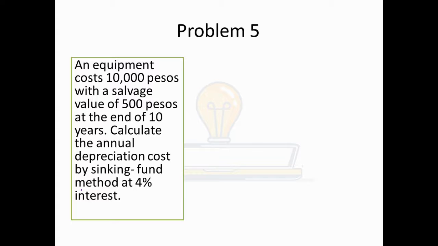Calculate the annual depreciation cost by sinking fund method at 4% interest. And so we need to find here the annual depreciation cost. So another type of problem involving sinking fund method.